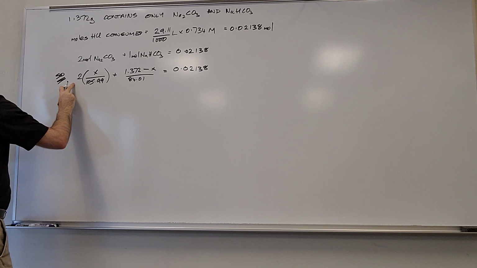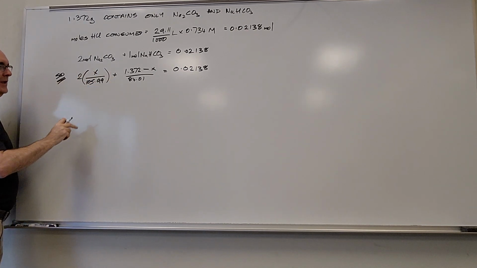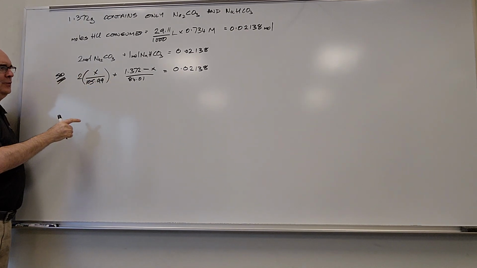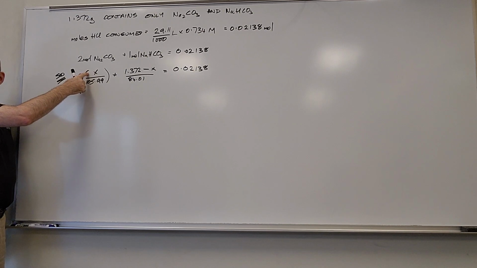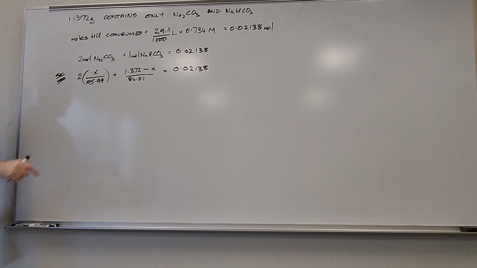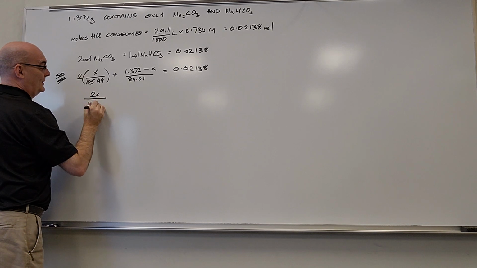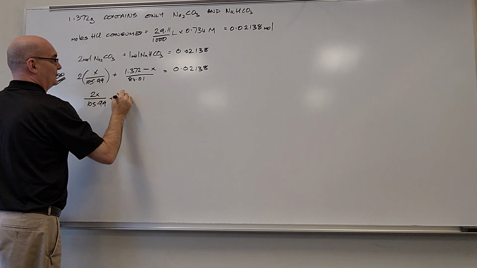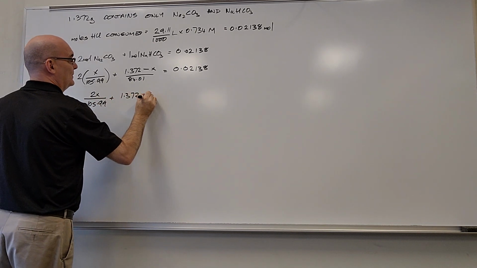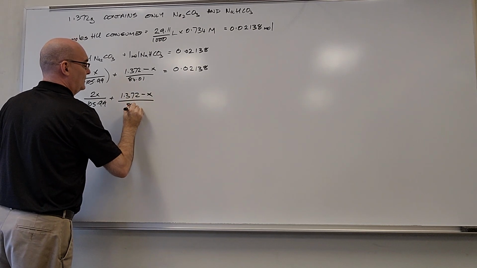That 2 multiplies everything inside. So we multiply this by 2, and then that one by 2? No, because if we multiply them both by 2, then we're really multiplying by 1. So this is 2x over 106 plus 1.372 minus x over 84.